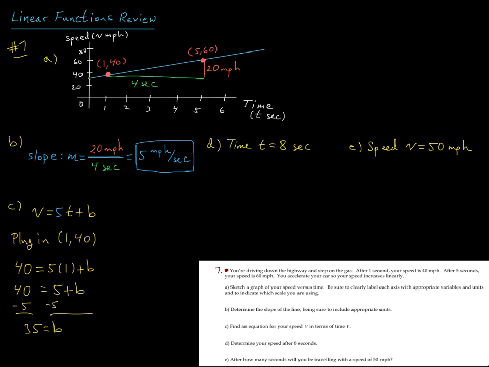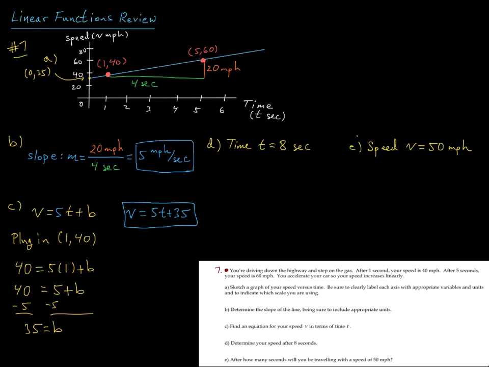Okay, so this is the point (0, 35). And so putting all that together, our equation for our speed in terms of time would be v = 5t + 35.